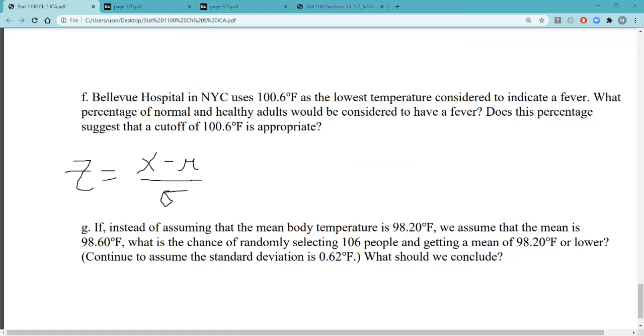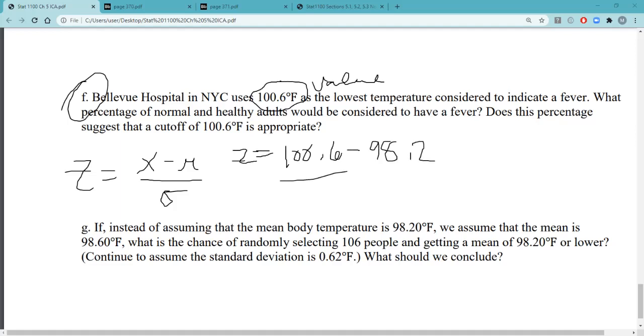We don't have any information given on a sample size, so we want to assume we're just working with an individual, and we're being told this value. So we need to convert this value to a z-score. Again, we have the same mu and sigma values. We end up getting Z being approximately equal to 3.87.